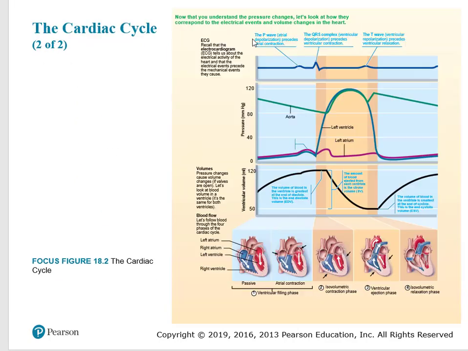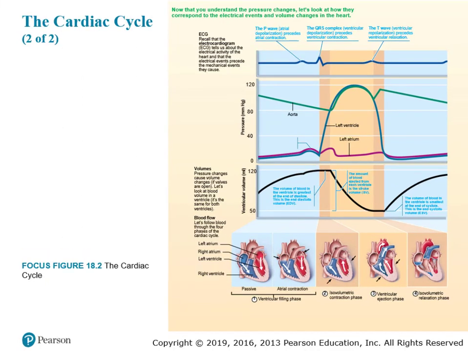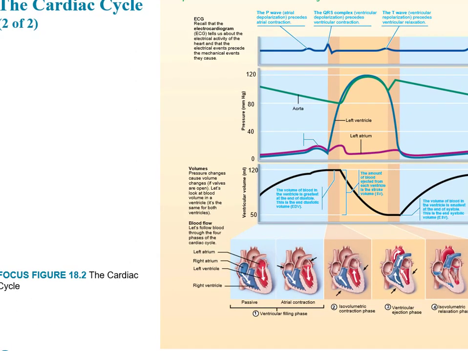So this is all table form, and I'm going to go into this portion that you're seeing here. When you look at the mechanical events of the cardiac cycle, you'll notice that there are different steps to the cardiac cycle.